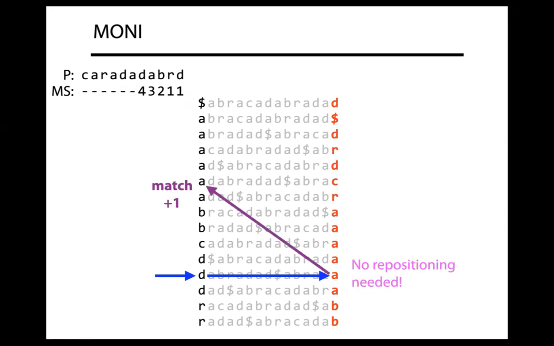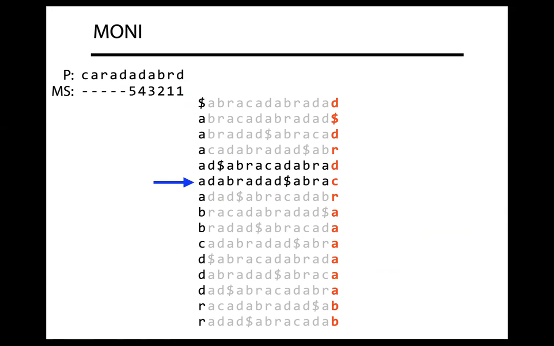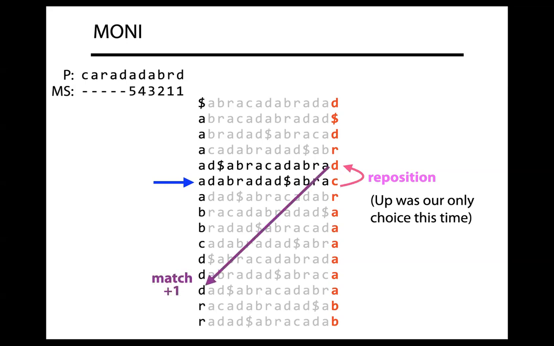So for example, let me skip ahead to this step. Okay, so at this step, I'm looking over here for a D, but I don't find it. So I have to jump either up or down. This time I actually only have one choice because there's no D below, so I have to jump up. And now that I've figured out that I have to jump up, I need to figure out what number, once I follow this next edge, do I enter in here?